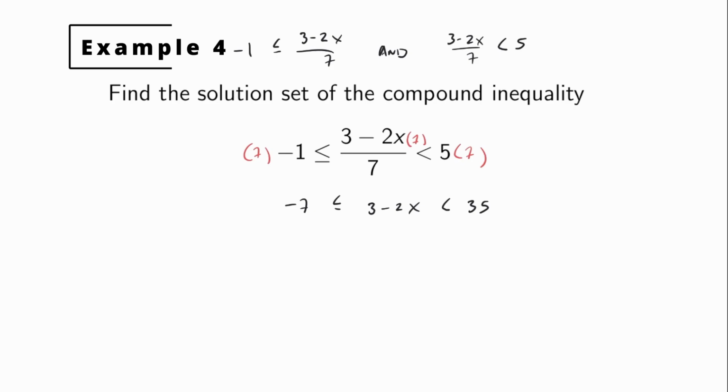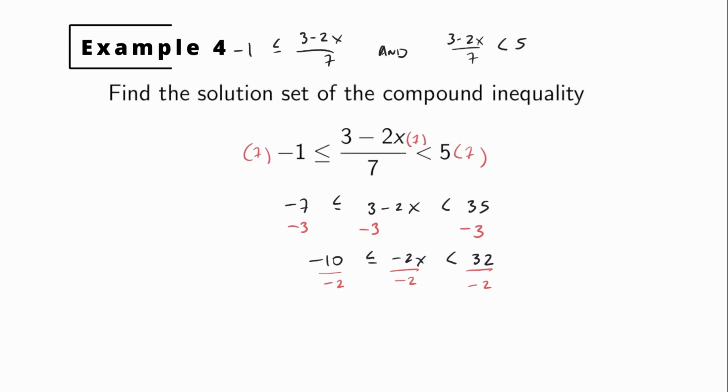So I want to get rid of that 3, so I subtract 3 from each side. That leaves me with negative 10 is less than or equal to negative 2x is less than 32. Okay. And then finally, I'm going to divide each side by negative 2. Now, don't forget, when you divide each side by a negative number, it will change the direction of the inequality.